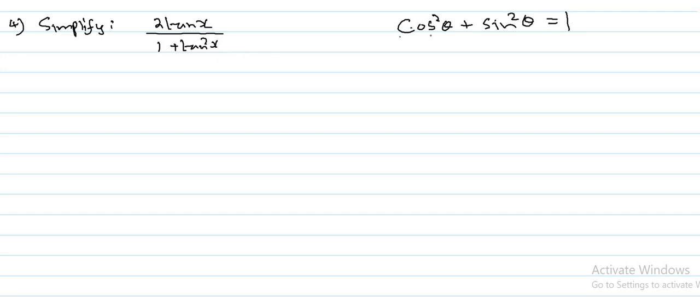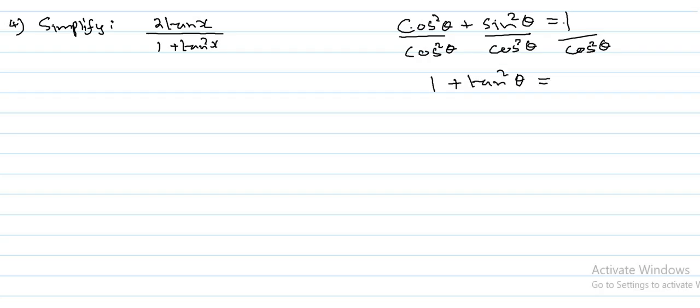It's when we divide each term by cos squared theta. Cos squared theta divided by cos squared theta is 1, plus sin squared theta over cos squared theta, which is the same as tan squared theta. 1 over cos is cosec.